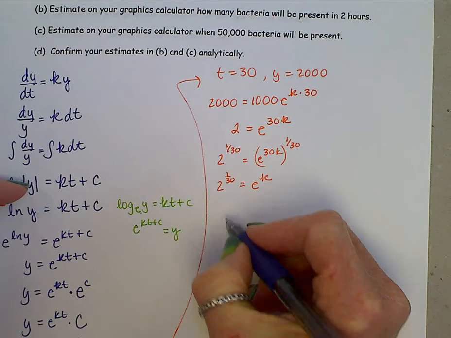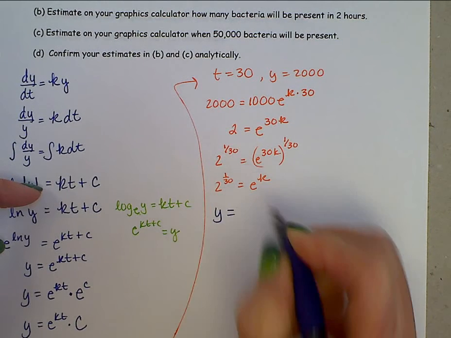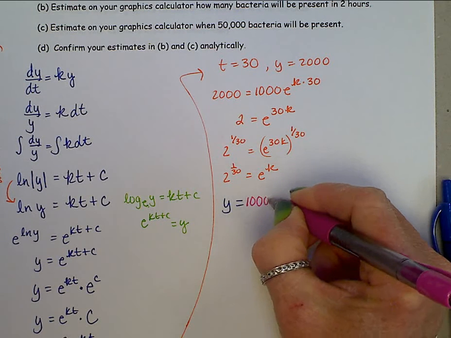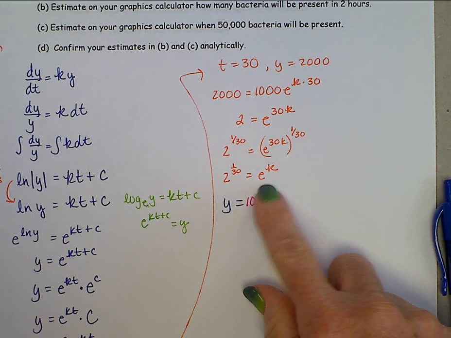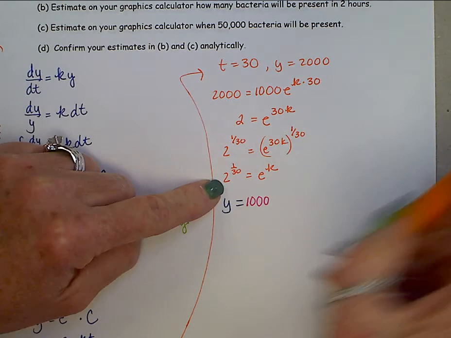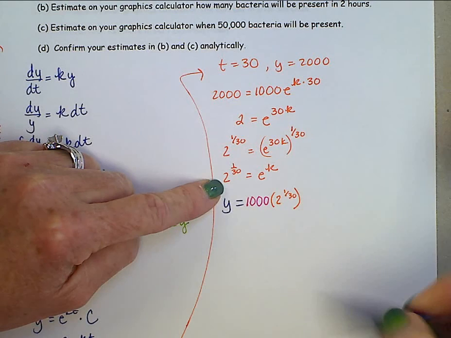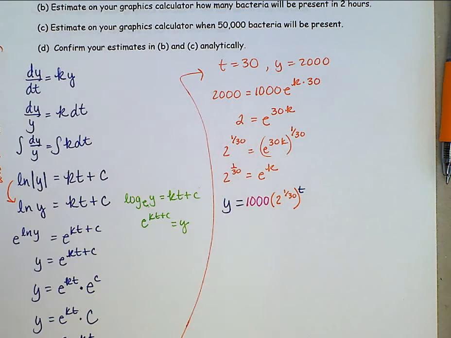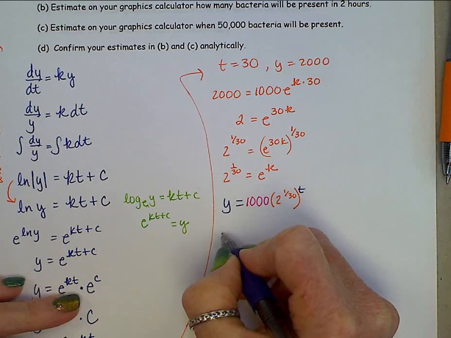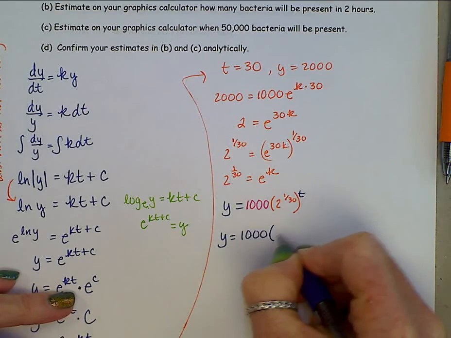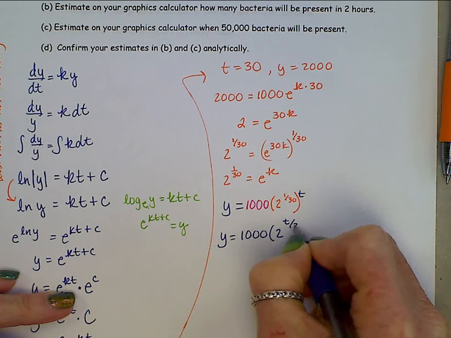We get y equals c, which was our 1,000, and then e to the k, that's 2 to the 1/30th, to the t, which simplifies all down to be 1,000 times 2 to the t over 30.